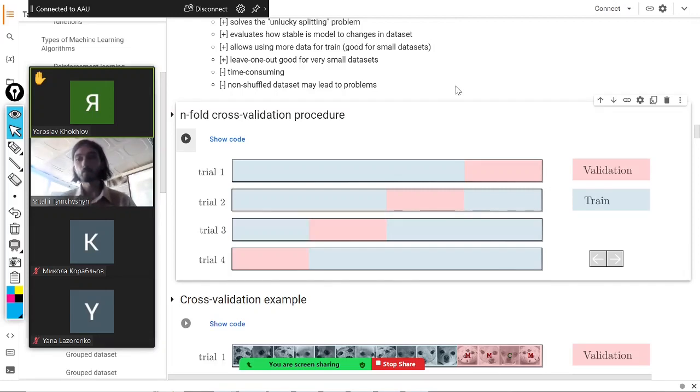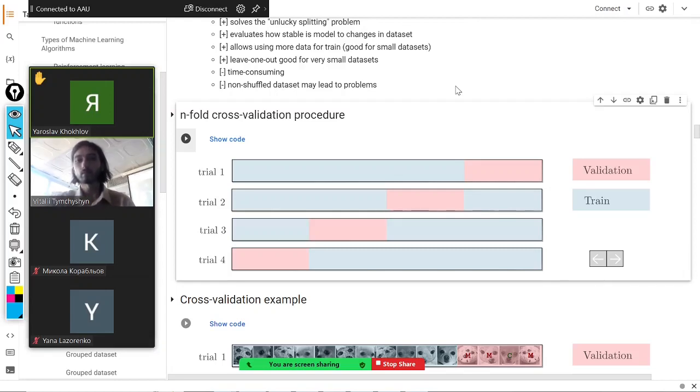About training and test, I sometimes read about 3 types. 3-part data. It's training, test, and validation.